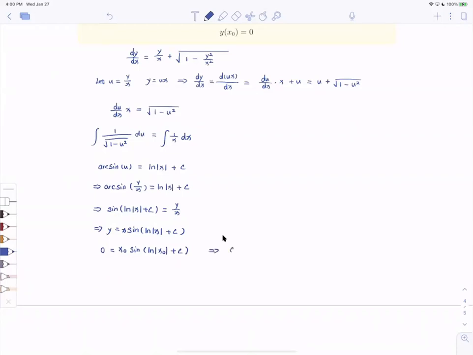So that means c equals n pi minus log x0, where n is an integer. So your y is x times sine of log x plus n pi minus log of x0. So this is the final answer. Okay, any question?